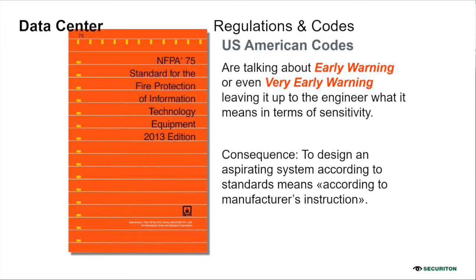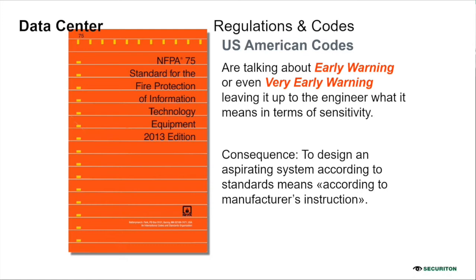Then the aspiration detection system must comply with the state, local, federal, and National Fire Protection Association (NFPA) codes and standards. NFPA 72 or NFPA 75 is the standard for protection of computer and data processing equipment. NFPA 76 is the standard for the fire protection of telecommunication facilities. So ultimately, the authority having jurisdiction will dictate fire protection requirements.